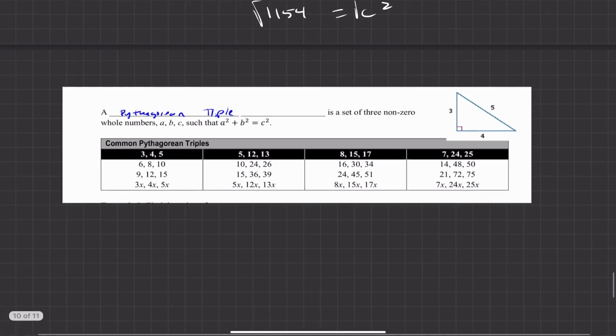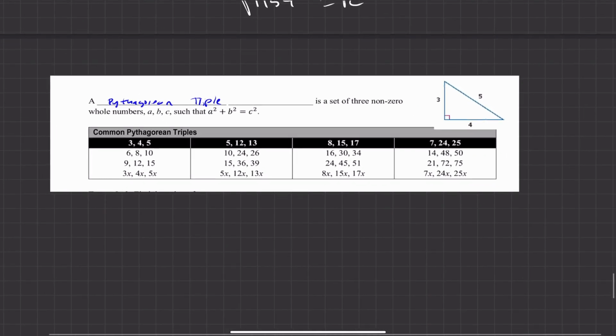But if you can easily spot a triple, you don't have to show those unnecessary steps because triples are known. So go ahead and look at the triples list, memorize them if you need to, and then you should be good to go.